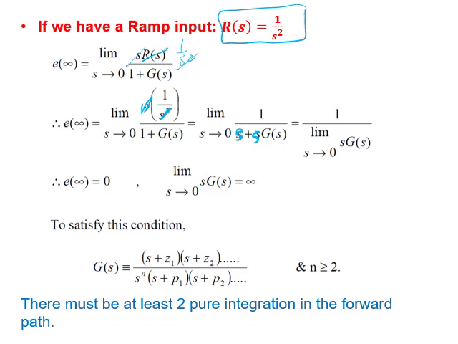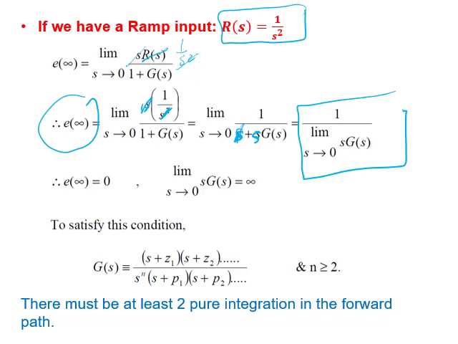When we apply the limit, you will find that this s will always give me 0, so it's not going to be there, which means we are going to find the limit of 1 over s into GS, which can be written as you see here. So the error if the input is a ramp is equal to 1 over the limit of s into GS.